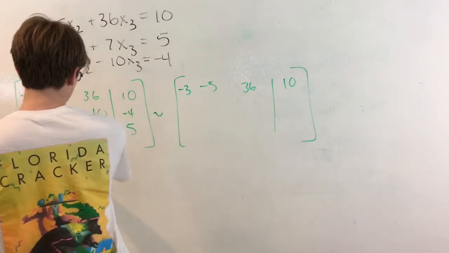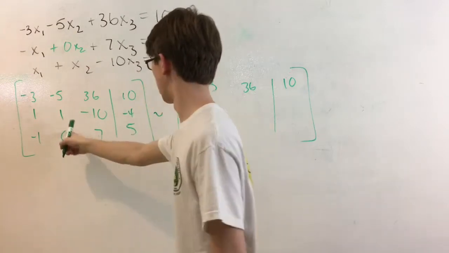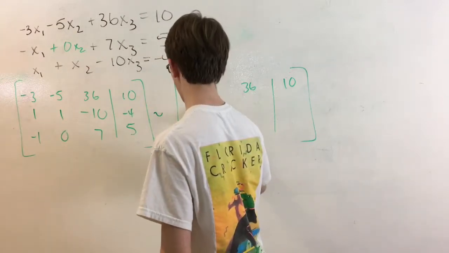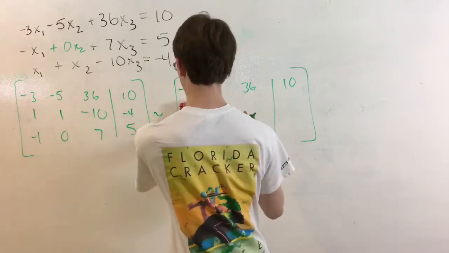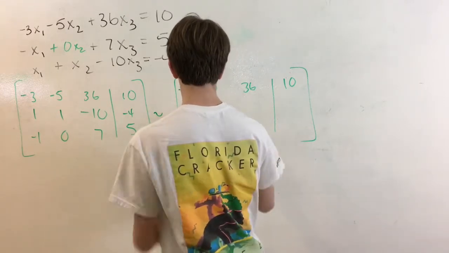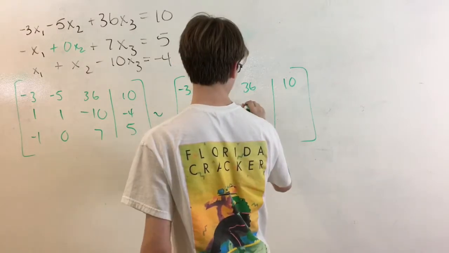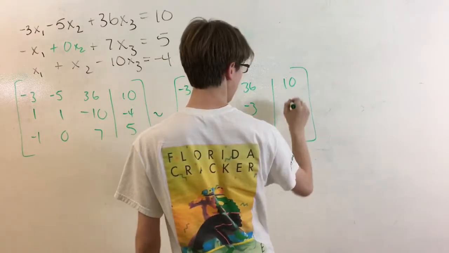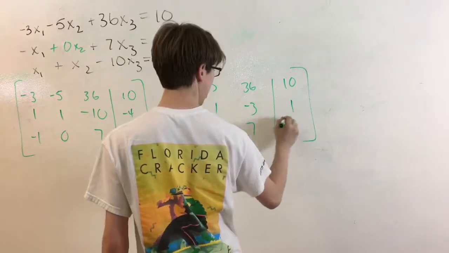Add row 3, so row 2 plus row 3, we get 1 plus -1, so that's 0, 1 plus 0, that's 1, -10 plus 7, oh whoops, my bad. Oh yeah, 0, 1, and then negative 10 plus 7, that's negative 3, negative 4 plus 5, that's 1. And then negative 1, 0, 7, and 5.